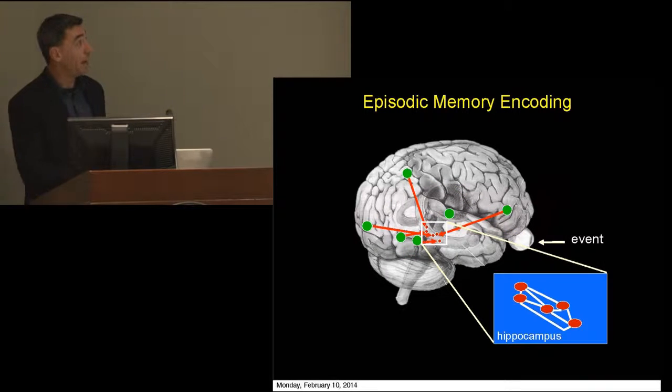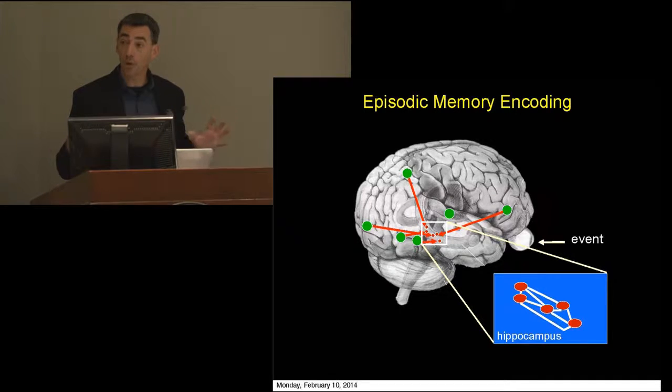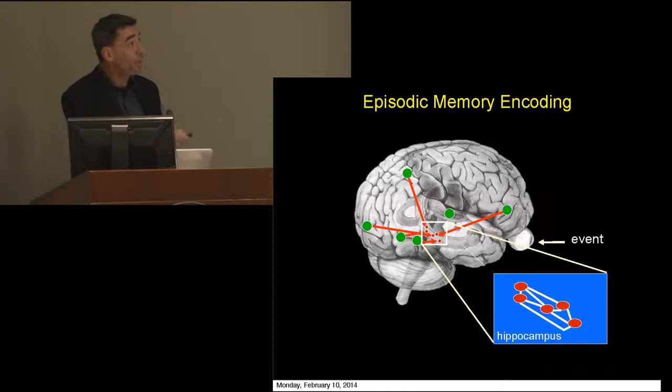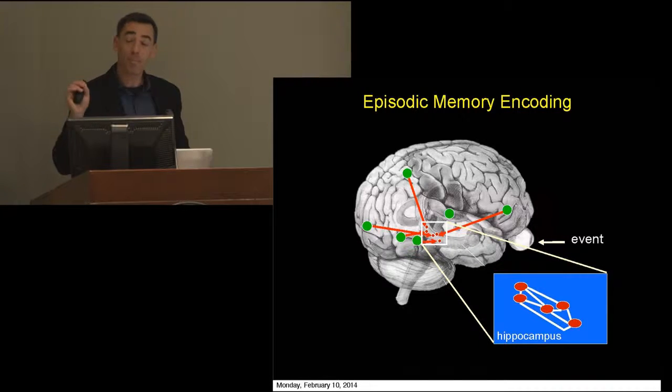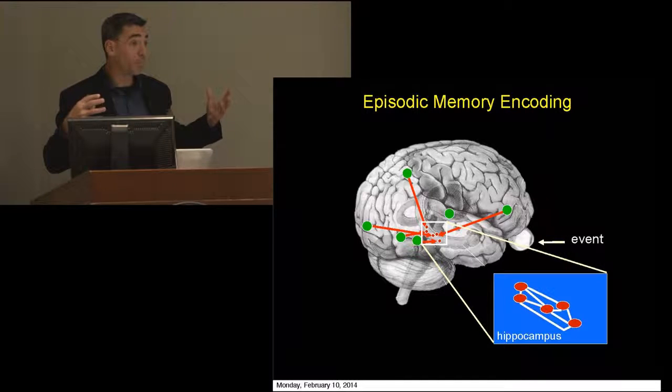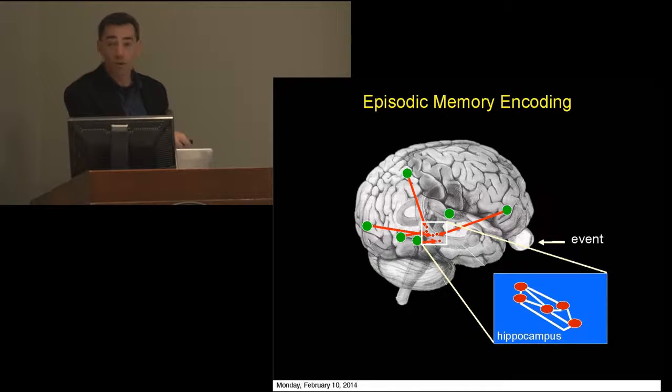During some event, we have this multi-featural representation of that event in disparate parts of the brain, in cortical and subcortical structures. Ultimately, the outputs of these areas project through the medial temporal cortex onto the hippocampus, and it's the fact that the hippocampus is a convergence zone for the outputs of all these different cortical and subcortical regions, and the unique architecture of the hippocampus, that allows neurons in the hippocampus, when they have this concurrent driving input from different parts of the brain representing different aspects of the event, to wire together.